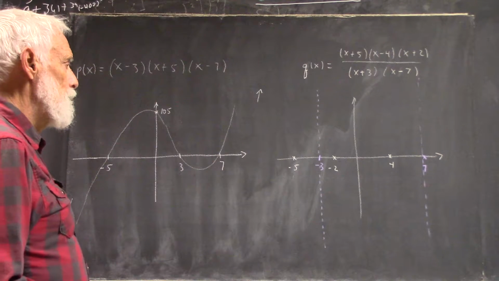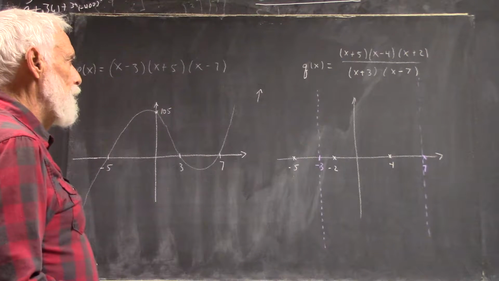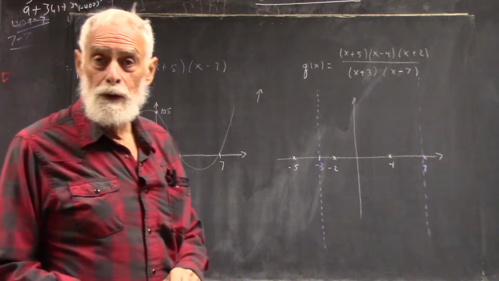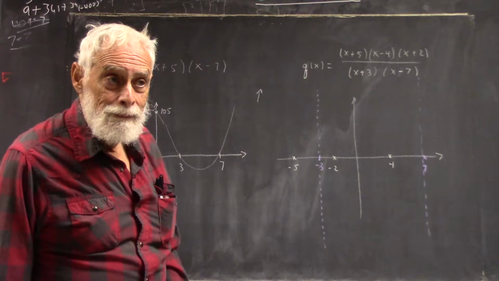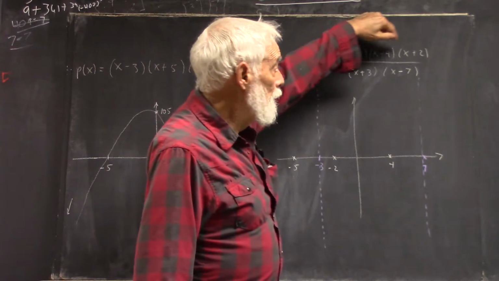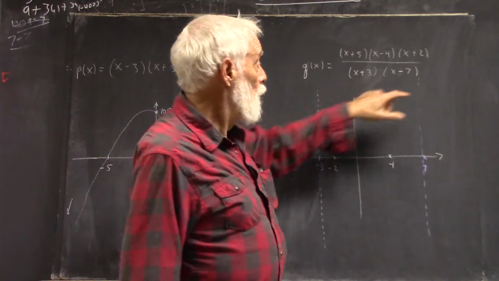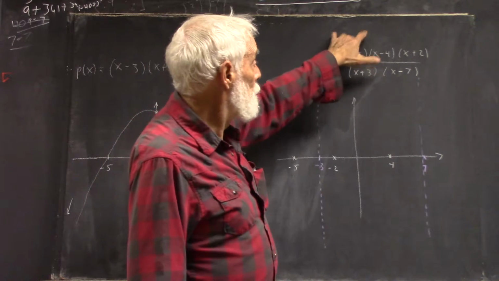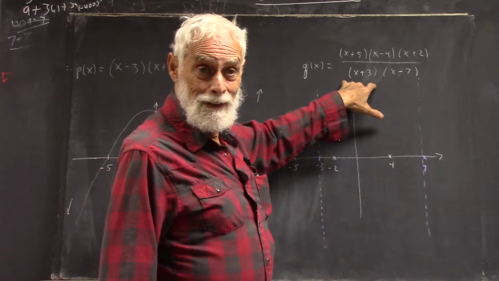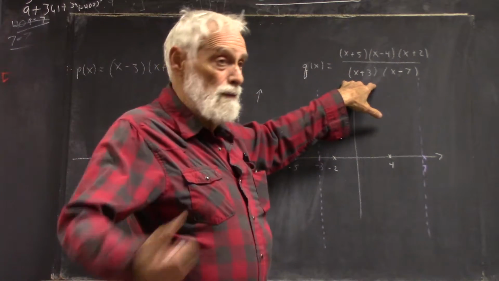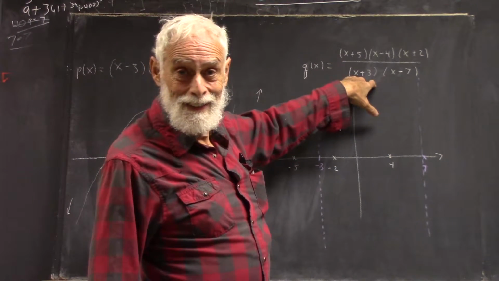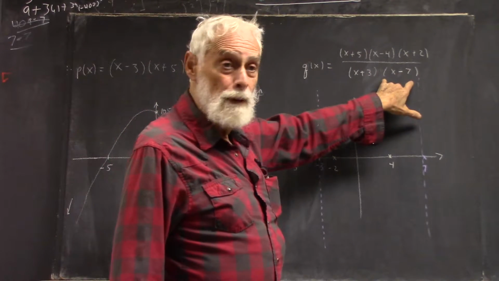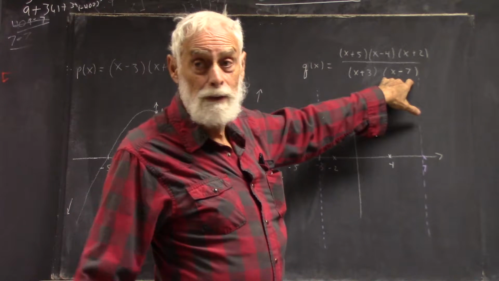What if x is a big positive number? What do you have? Well, you've got 3 big positive numbers in the numerator and 2 big positive numbers in the denominator, right? Well, a big positive divided by a big positive just gives you a regular old number, not big, okay? And a big positive here divided by a big positive here gives you a regular old number.